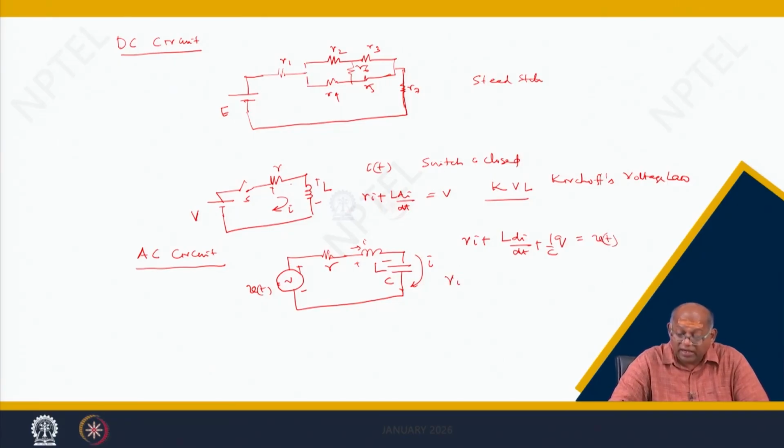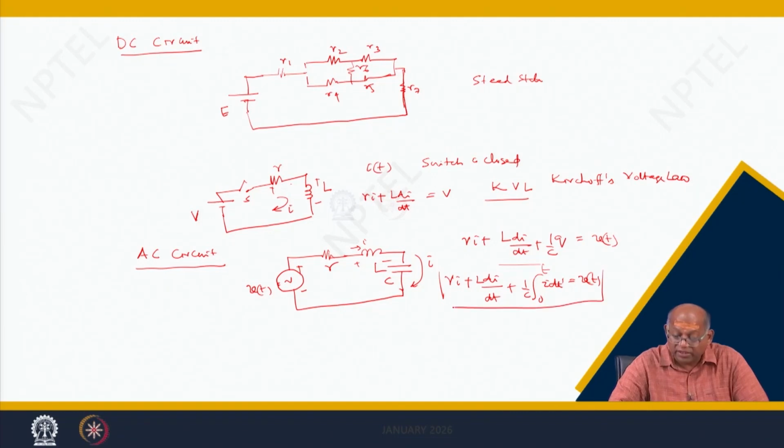So, you can write R i plus L di by dt plus 1 by C integral of i dt' from 0 to t, that is Q, is equal to v(t), the supply voltage. So, this is again Kirchhoff's voltage law, KVL. What is KVL?